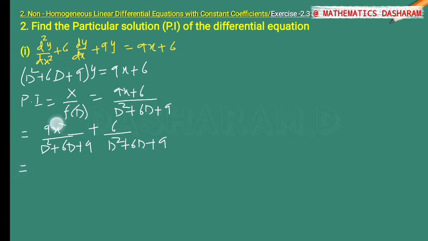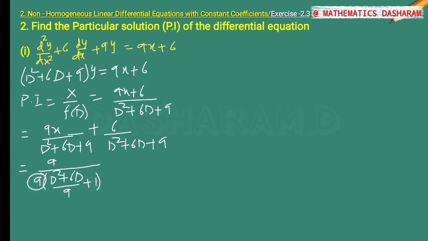So here the function is an algebraic function. When you have an algebraic function, the process is to take the constant number common in the denominator. So 9 is a constant, then (D square plus 6D by 9 plus 1).